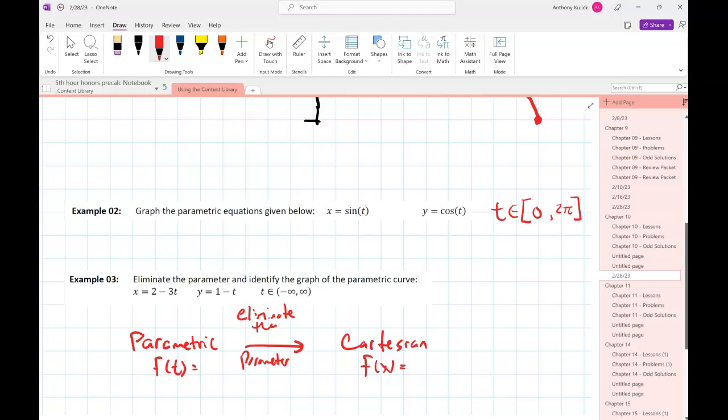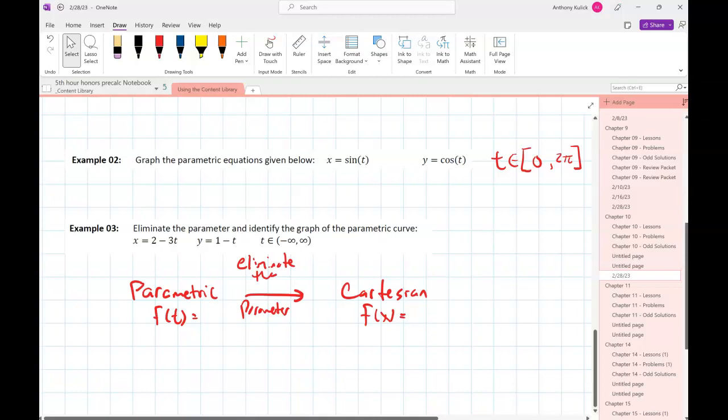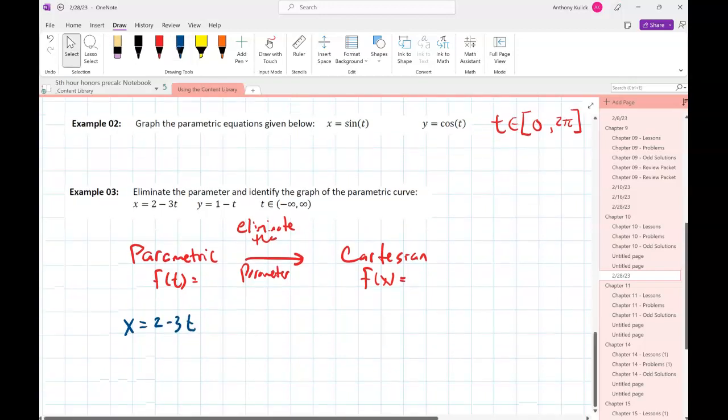So what do we call the parameter in this case? T, right? T was the parameter. So what I'm going to do is I'm going to take my equation for x, and I'm going to write that so that the t is by itself.